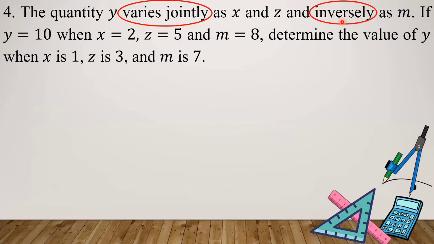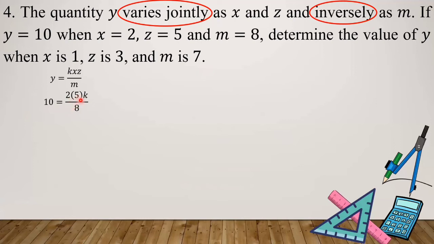So our mathematical equation is y is equal to kxz over m. Then substitute the values of x, which is 2. Then the values of z, which is 5. And the values of m, which is 8. So it will become 10 is equal to 2 multiplied by 5k over 8.